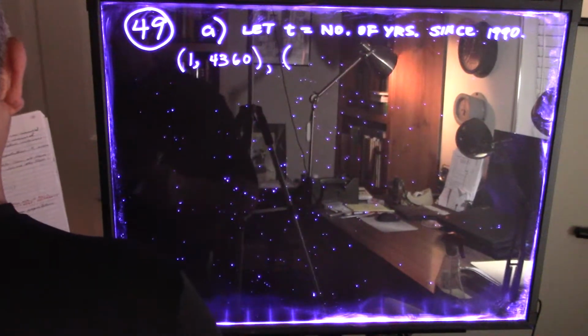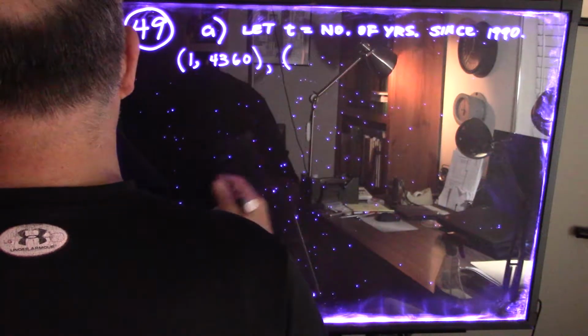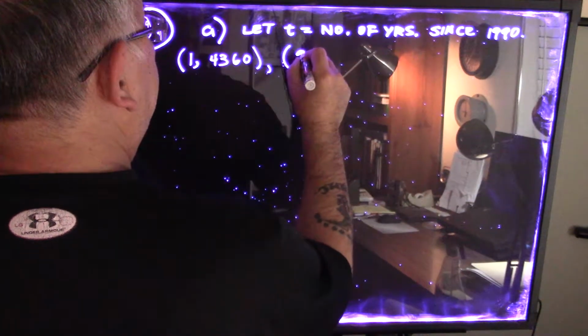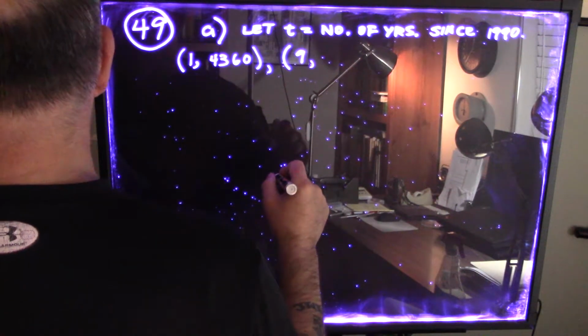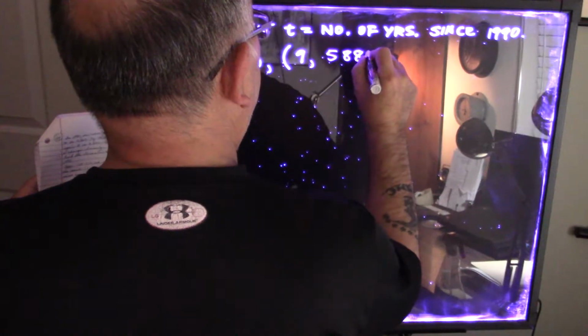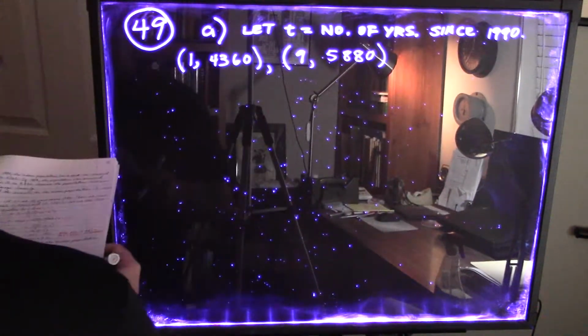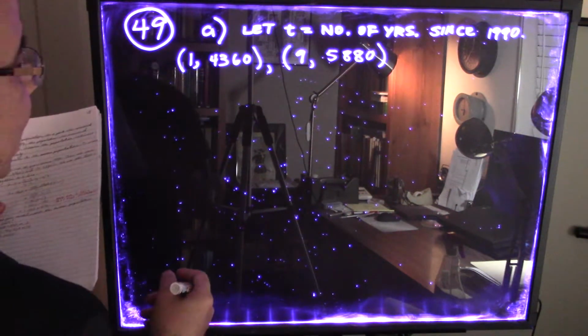We have another point, 1999, that's 9 years after 1990, so the T would be 9 there, and the population at that time was 5,880. So we have those 2 points, and we can use the 2-point equation for a line.